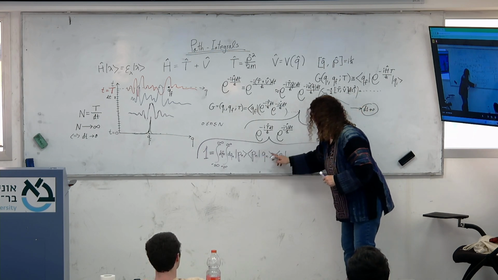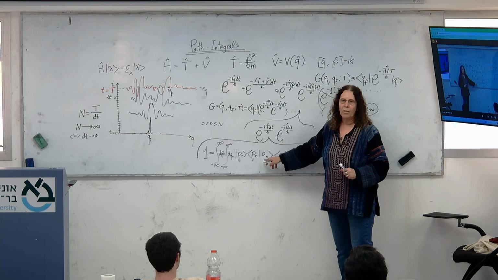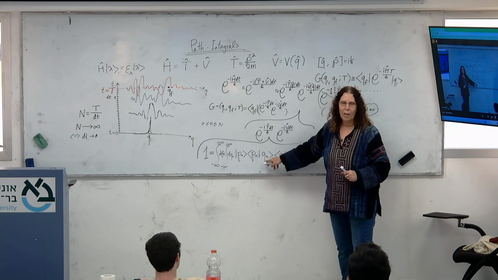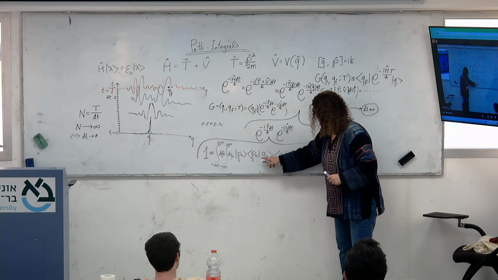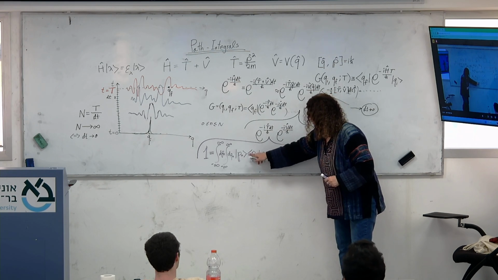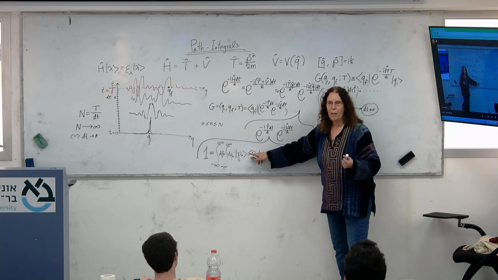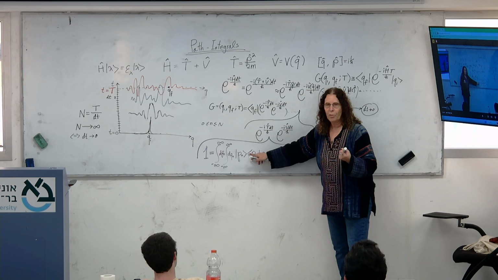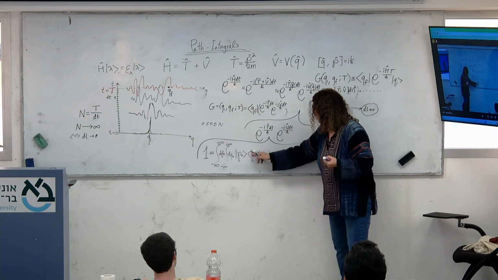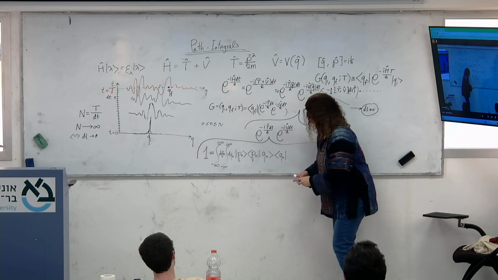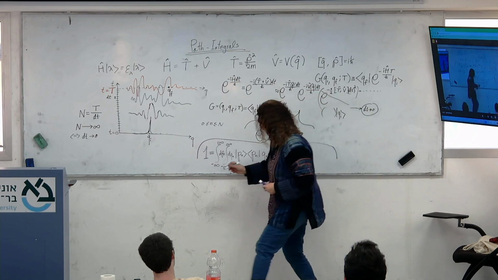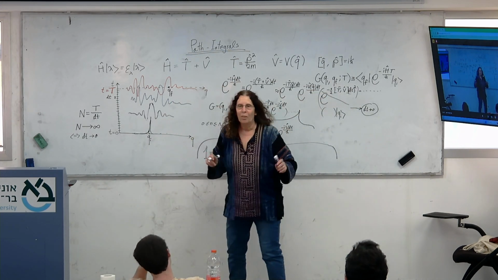First of all, we know exactly what it is. P is a free particle wave function, right? In bracket notation, if I project P on Q, I'll get to it, okay?